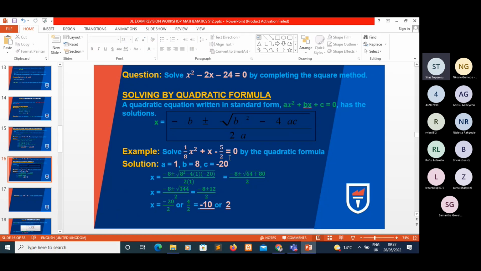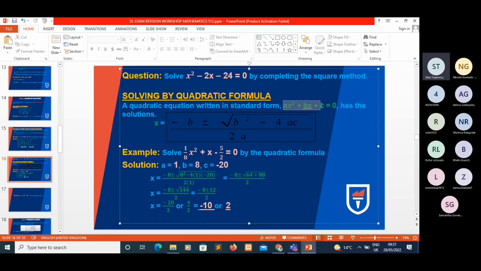So I need to show you how to use the quadratic formula. I think everyone is familiar with the quadratic formula. In your equation, you need to identify your A, your C, and the value of your B as well. You need to rewrite your equation in this form, and then identify the value attached to x squared, which is your A, the value attached to x, which is your B, and the constant, which is the C value.